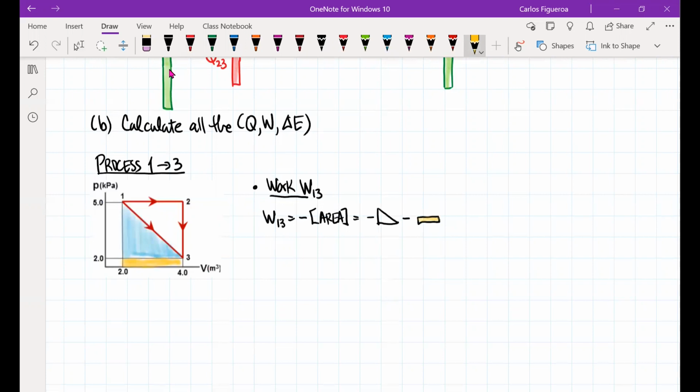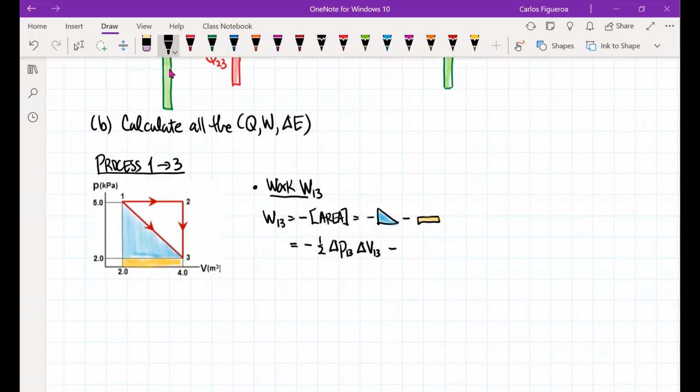So picture-wise, I'm looking at something like this. So then the blue triangle should be the difference between what? It's going to be 1/2 times the pressure difference between 1 and 3 and the volume difference between 1 and 3.